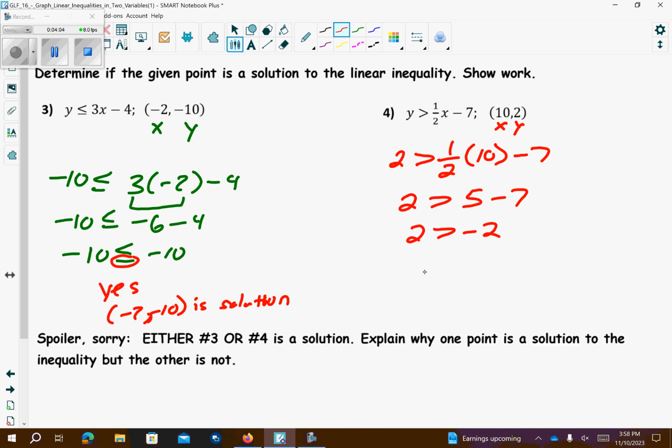The answer is no. So this is not, oh wait, 2 is greater than -2. So yes, this is a solution. On a side note, if this answer had been this, or if they were both positive 2, that would have been not a solution, but that's not how it worked out.